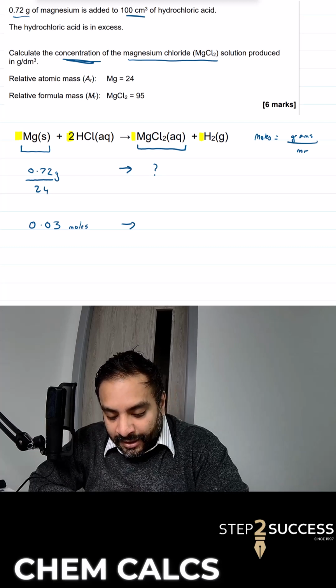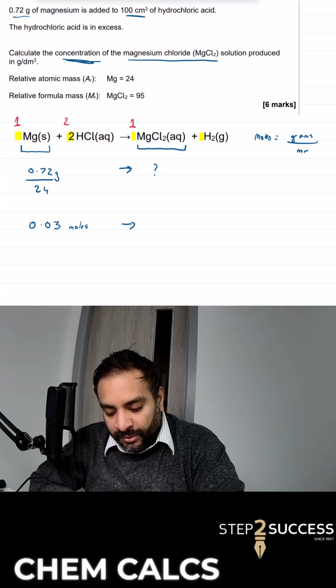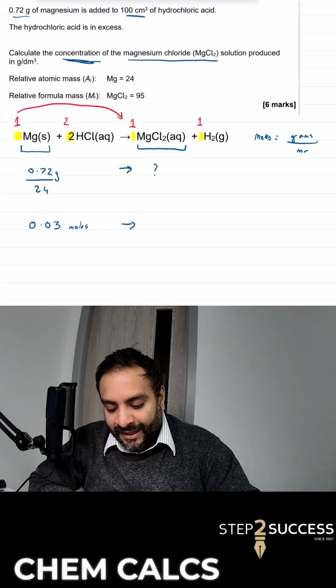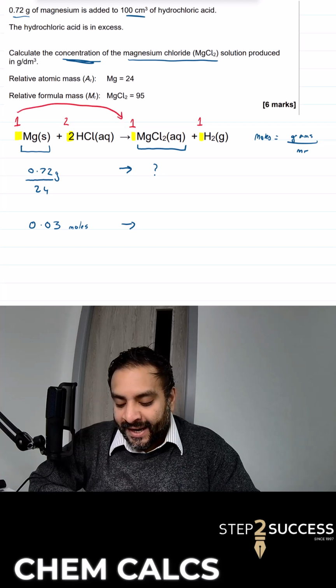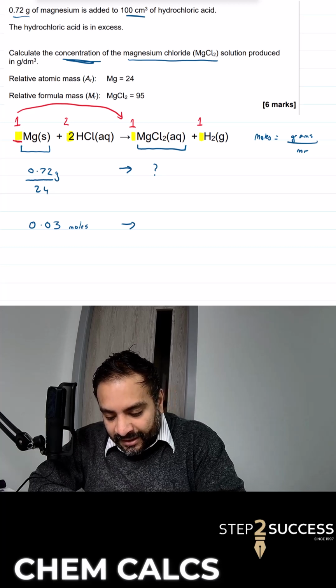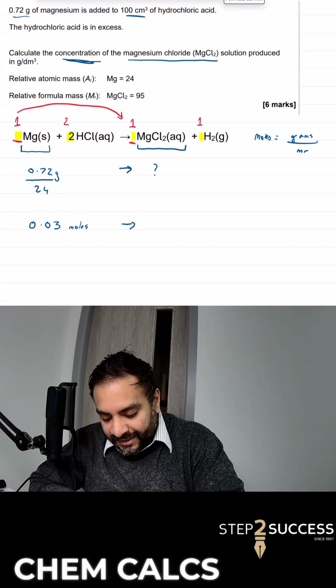So for example, what we're telling you here is that if I've got 1 mole of magnesium, I would react it with 2 moles of hydrochloric acid and produce 1 mole of magnesium chloride and 1 mole of hydrogen. So the two things we care about, the magnesium and the magnesium chloride, are in a 1-to-1 ratio, which means that if I've got 1 mole of this, I will make 1 mole of this. If I've got 0.03 moles of this, I will make 0.03 moles of this.